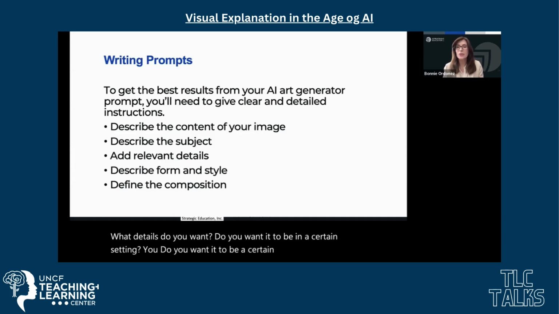What form and style do you want it to look like? Do you want it to be realistic? Do you want it to be artistic? Do you want it set in a certain time era? And then define the composition. So as you put these prompts in, you can work and rework and really get to what you want.